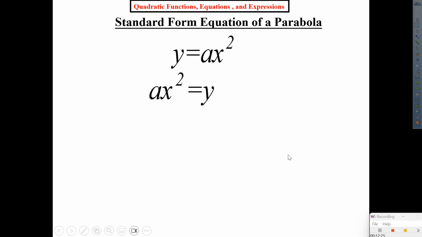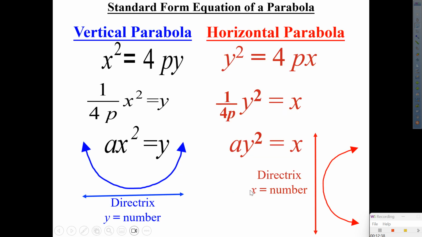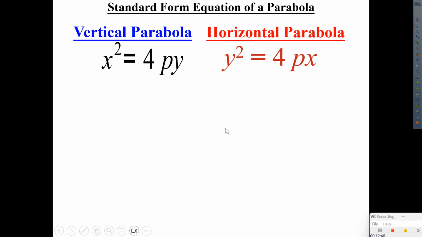All right. From there, we went to this, and we said we're going to be using something similar to this. I had you guys do deriving the quadratic equation for a parabola. We came up with x squared equals 4py. We found out that that was the what? The vertical parabola. And then we came up with a horizontal parabola, yes? And we've been using both of those, yes?